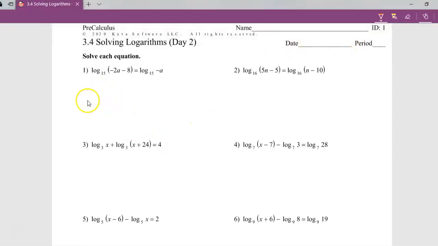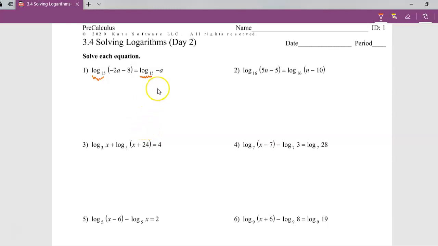When we're doing this, the first thing that we want to look for is what's happening on both sides of my equation. On this first equation, I have log 15 with this stuff inside the log, and then the equal sign, and then I have log 15 again on this side, with this negative a inside the log.